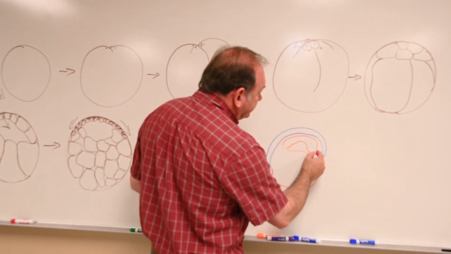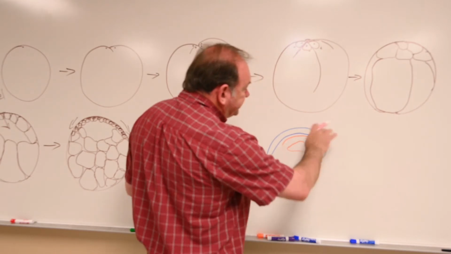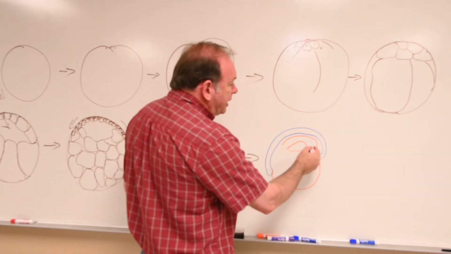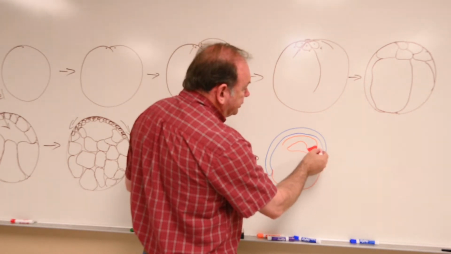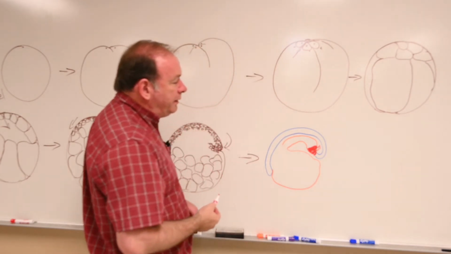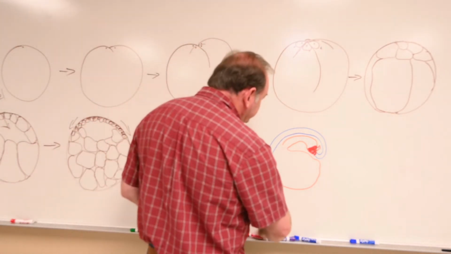And so these cells right in here I'll make in red. When these cells first fold in, there's a zone right here that's going to be mesodermal tissue. This mesodermal tissue is going to move out in between the endodermal tissue and the ectodermal tissue here.